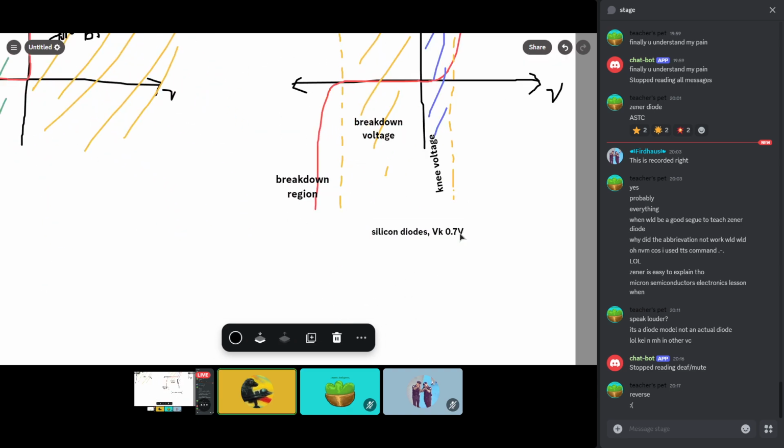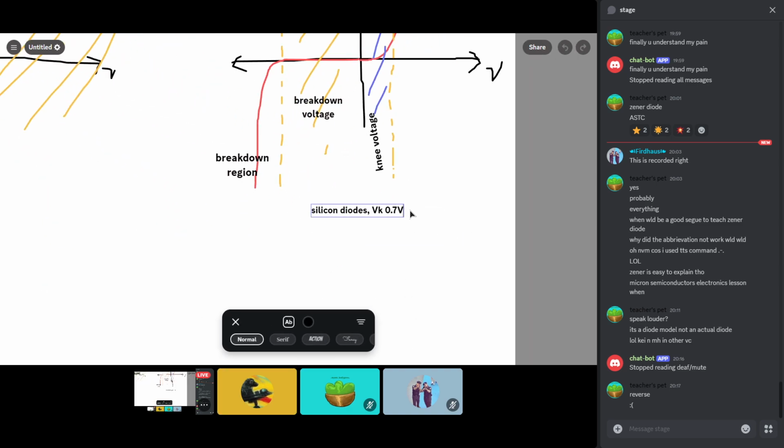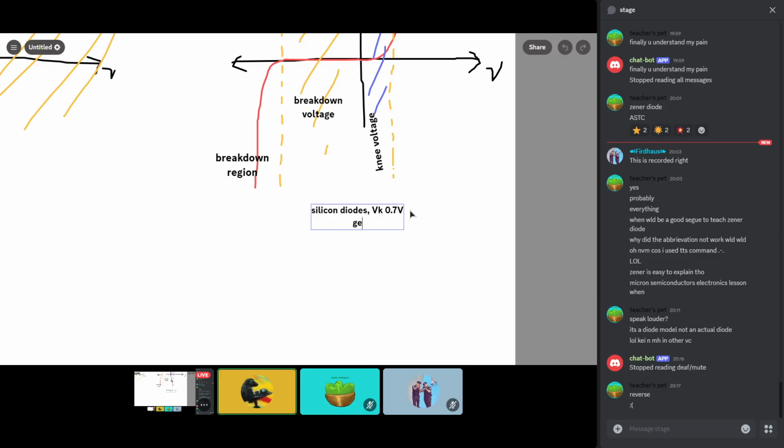And there's another thing that you might need to know. For diodes made out of germanium, the knee voltage is 0.3 volts.